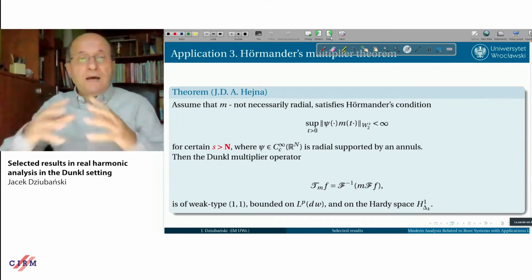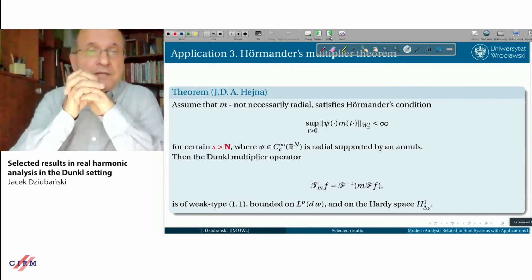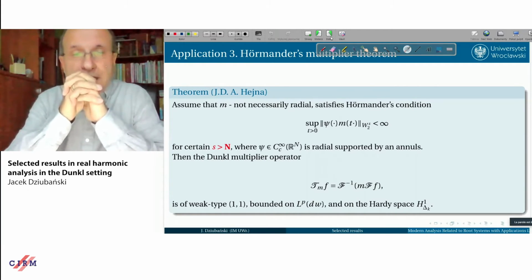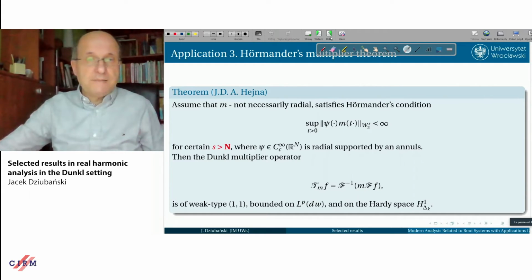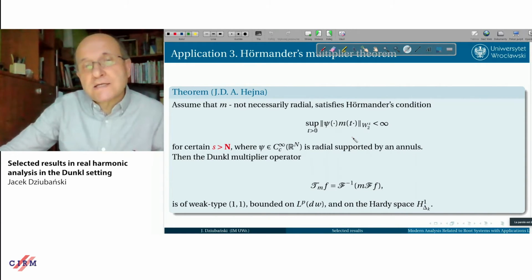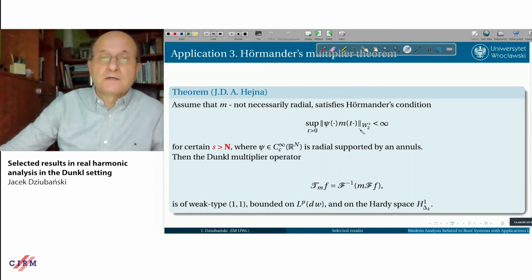Okay. Now, another application, the third application, is the multiplier theorem of Hörmander type. So assume that m is a not necessarily radial function, and assume that its local Sobolev norm is uniformly bounded. So this is the classical Hörmander condition with smoothness which is slightly bigger than the homogeneous dimension.